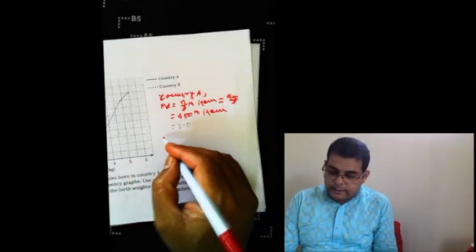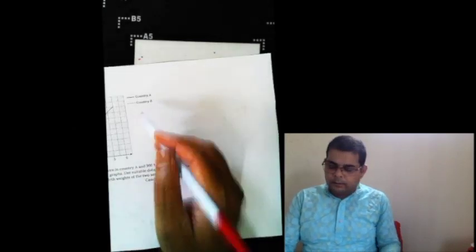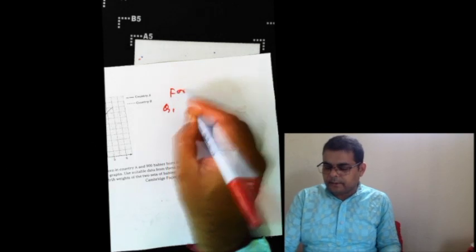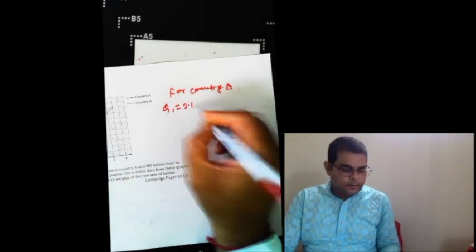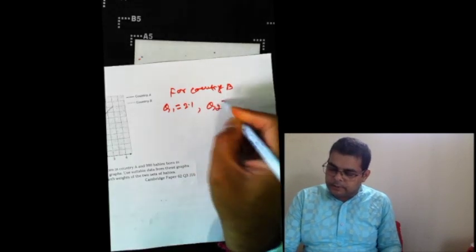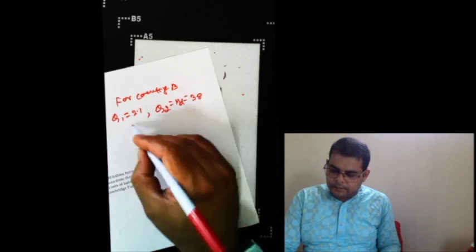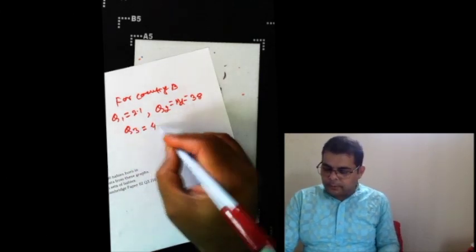And if I read off the value of first quartile, for example, and now if I do the similar work for country B, what I have found here, for country B, I have found Q1 value as 2.1, Q2 value, that means it is median, is 3.8, and Q3 value I have found as 4.4. Now let's compare.